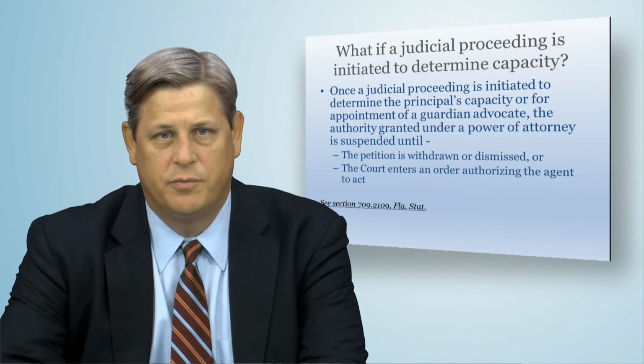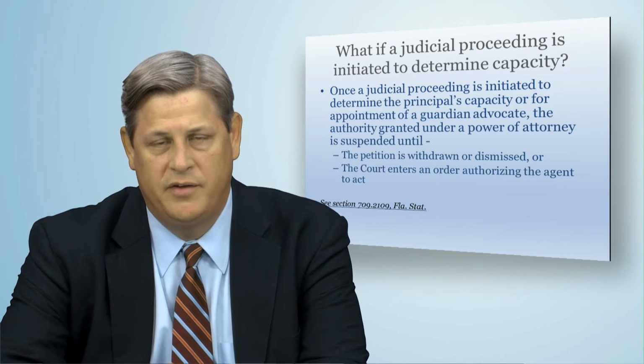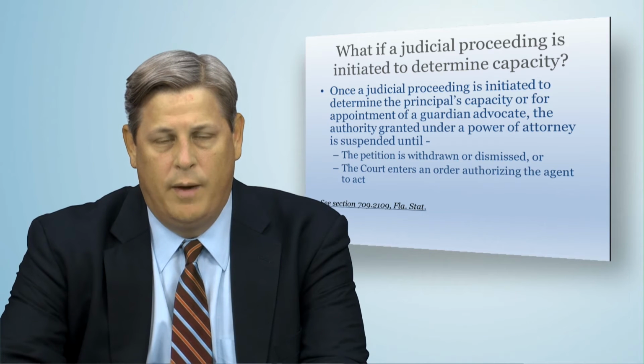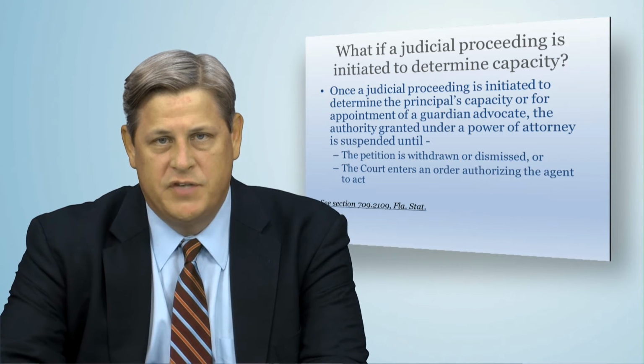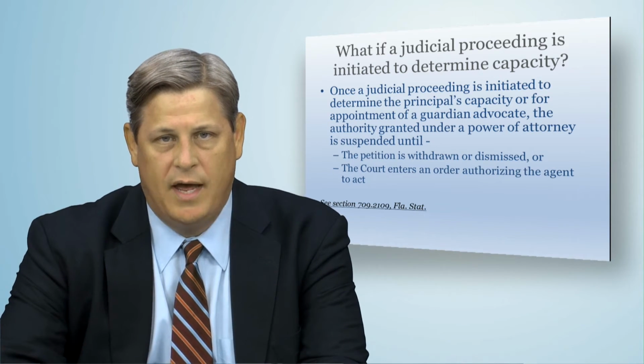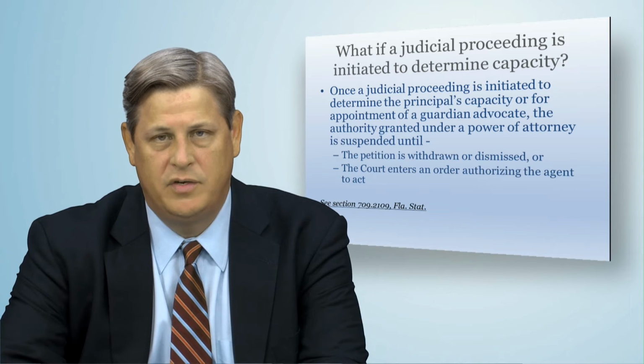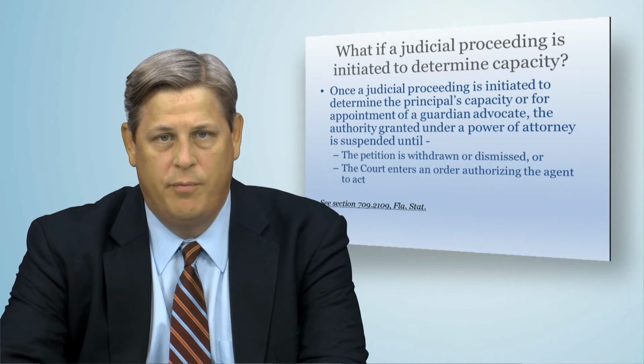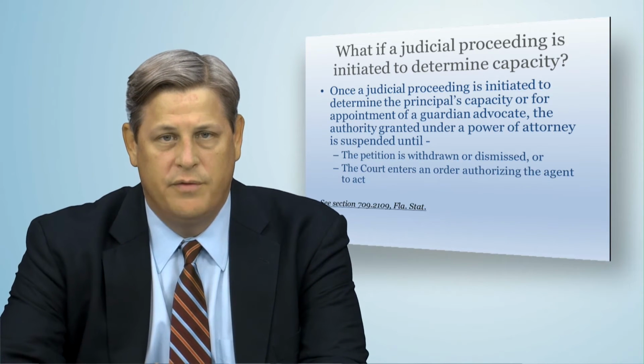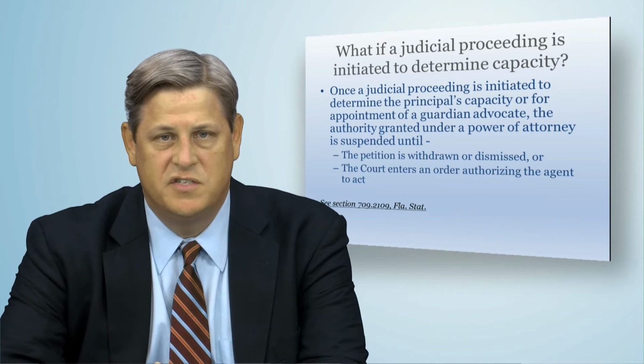Now, what if a judicial proceeding is initiated to determine capacity? What I'm asking here is if someone actually goes to the court to have the principal determined incapacitated. Well, once a judicial proceeding is initiated to determine the principal's capacity, or for the appointment of a guardian, the authority granted under a power of attorney is suspended.